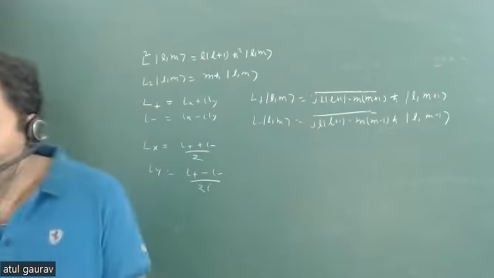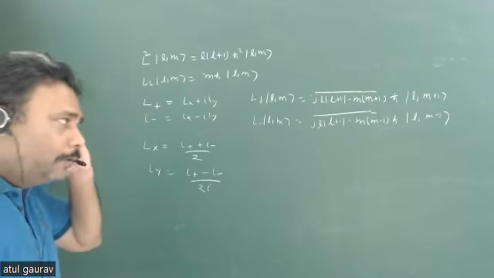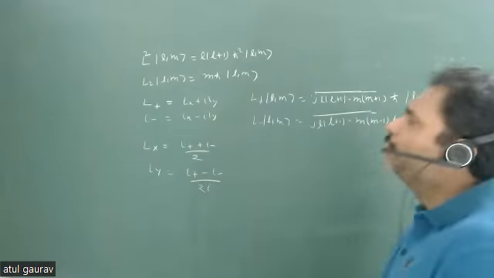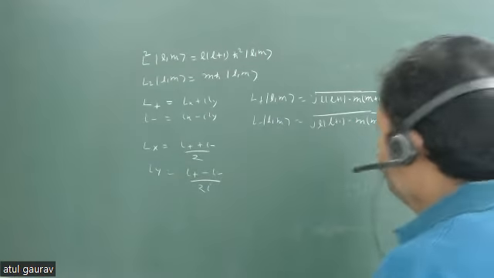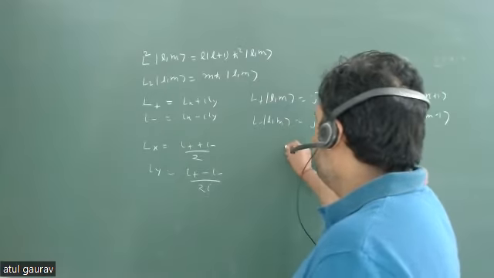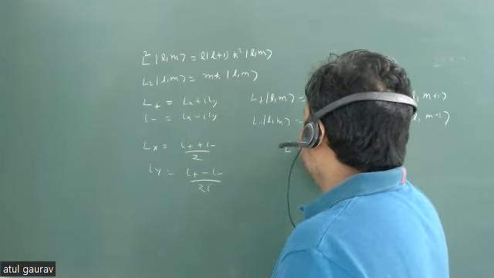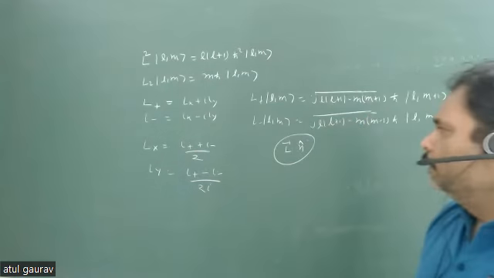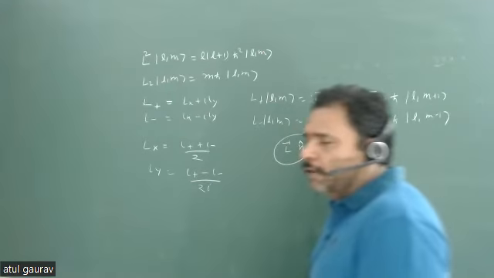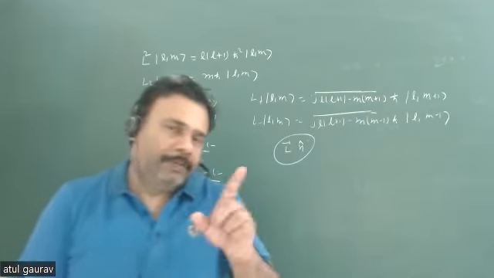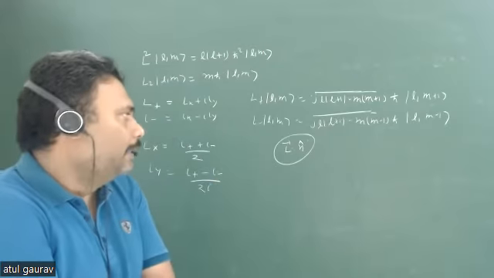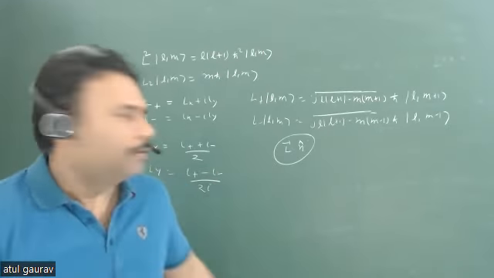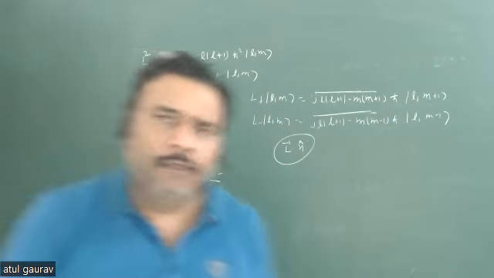You know all this, there is no problem in it. Where you have to focus the most is on the property of L·n̂. So what will be the eigenvalue of L·n̂, where n̂ is some arbitrary unit vector? What will be the eigenvalue of this?